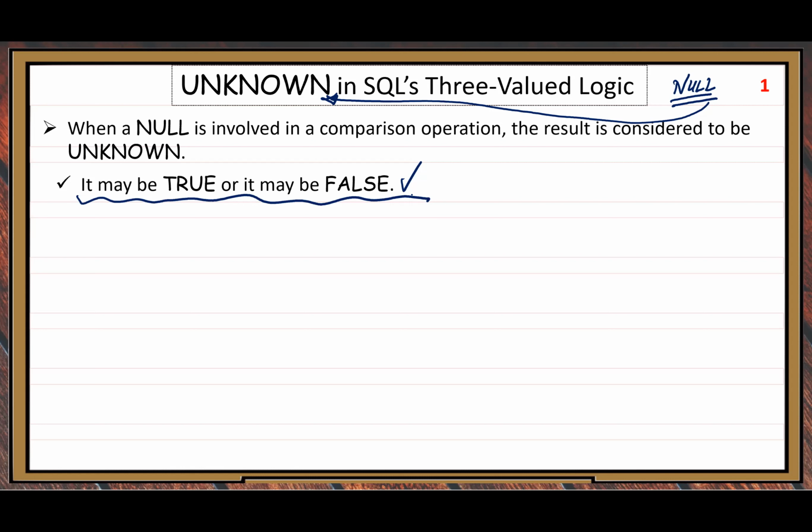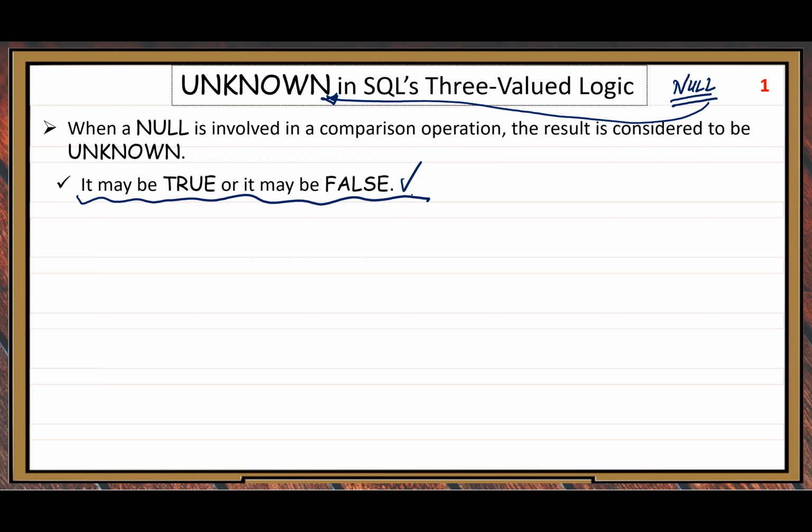So you do the testing twice. The first time, plug in true and see what is the value. The second time, plug in false and see what is the value. And look at these two testing results, whether they are the same or not. If they are different, then unknown.